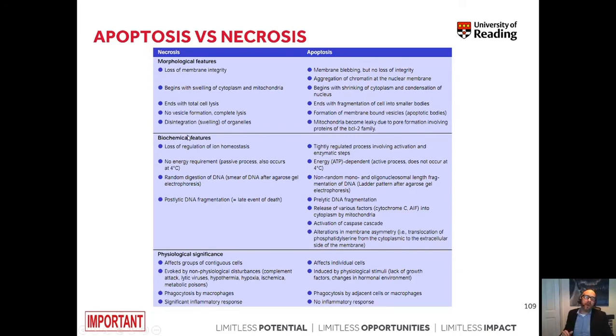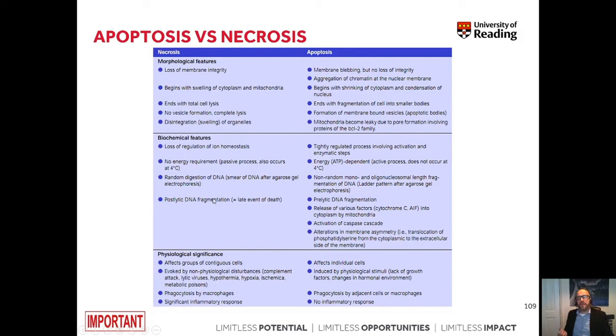If we look at the biochemical features, what we need to keep in mind is that necrosis leads to a loss of regulation of ion homeostasis. In contrast, apoptosis is a tightly regulated process and it maintains the homeostasis. Necrosis does not need energy. In contrast, apoptosis is ATP dependent.